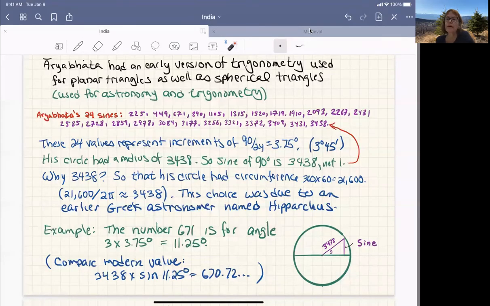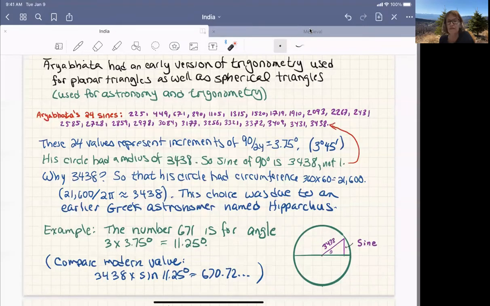So as an example of trying to understand the data on this table, we see that the third number is 671, and that corresponds to the angle 3 times.